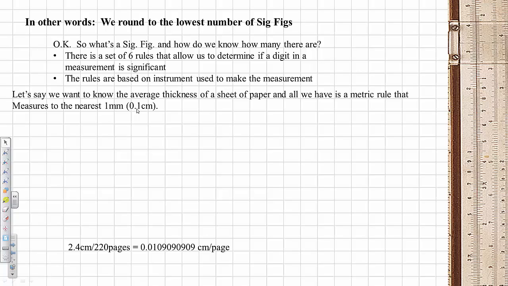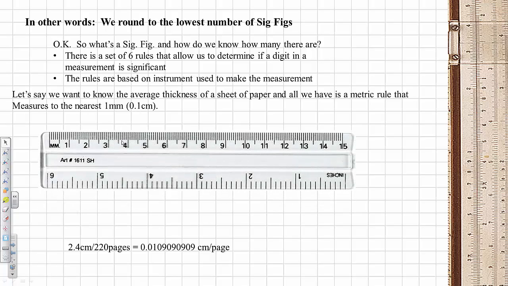So if we look here, here's our metric ruler. Starting at 0 here, 0 to 1, that's 1 centimeter, 1 to 2, 2 centimeters. The little lines in between, those are the millimeters. We have a whole lecture on the metric system later, but this is to just kind of get you thinking about this. The centimeter is divided into 10 itty-bitty millimeters.